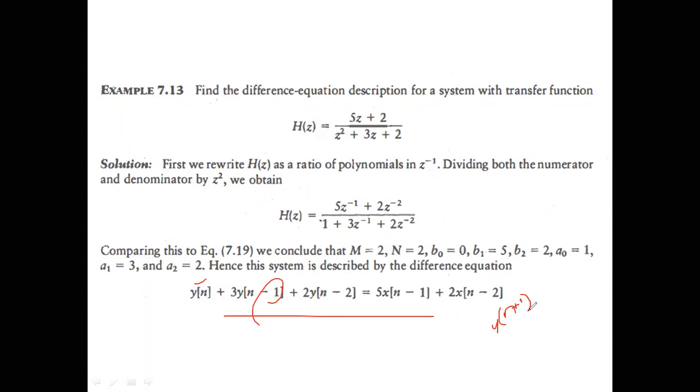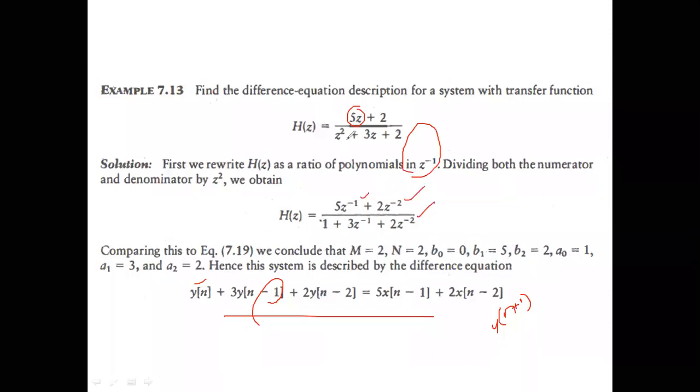Non-causal systems are practically impossible to implement in labs. If you apply the property here, 5z indicates n plus 1, so that won't be fair. That is why we first represent the given transfer function in terms of negative powers of z only.